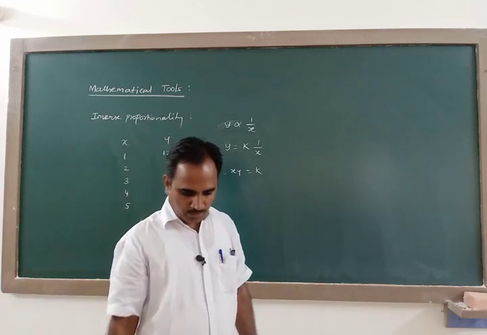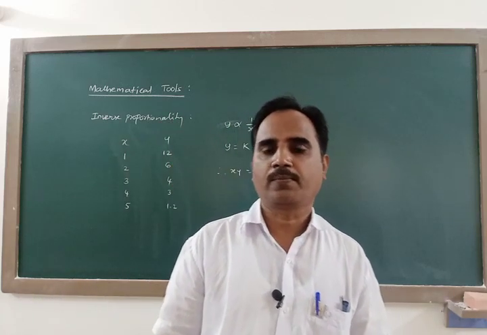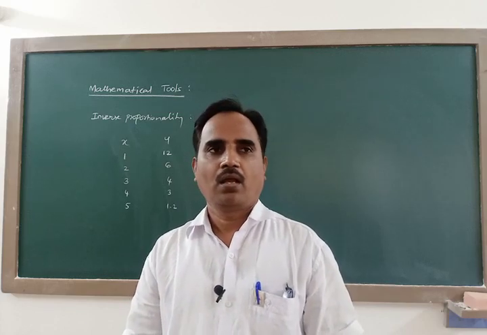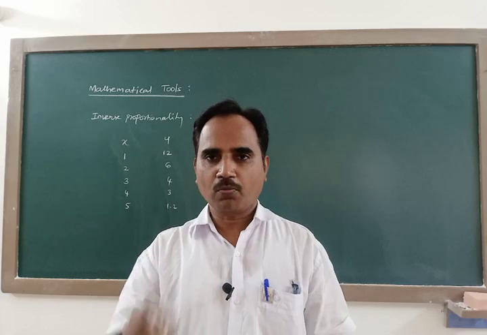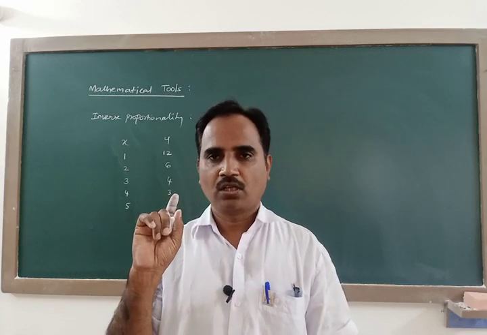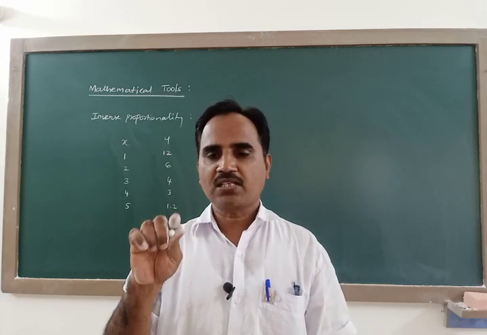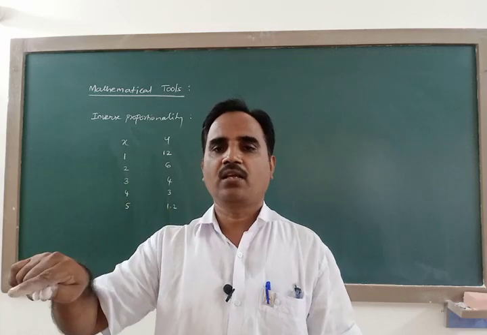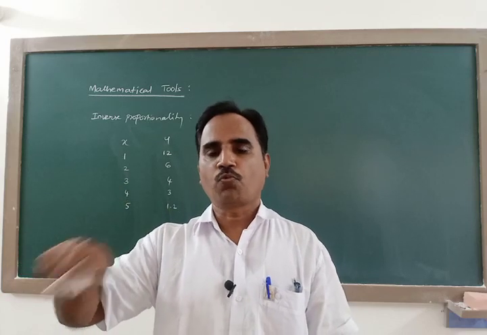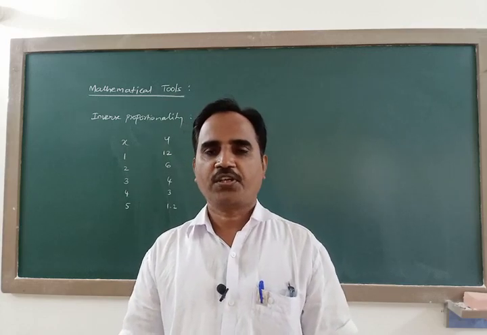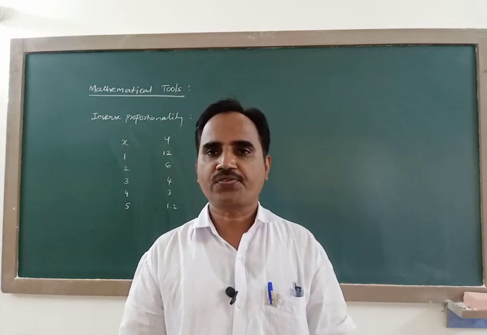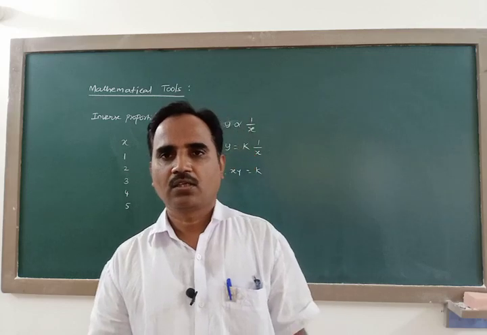Again, you come across so many relations which are inversely proportional. For example, you might have studied about Boyle's law. Pressure of a given mass of gas varies inversely with volume when the temperature remains constant. Pressure is inversely proportional to volume at constant temperature.